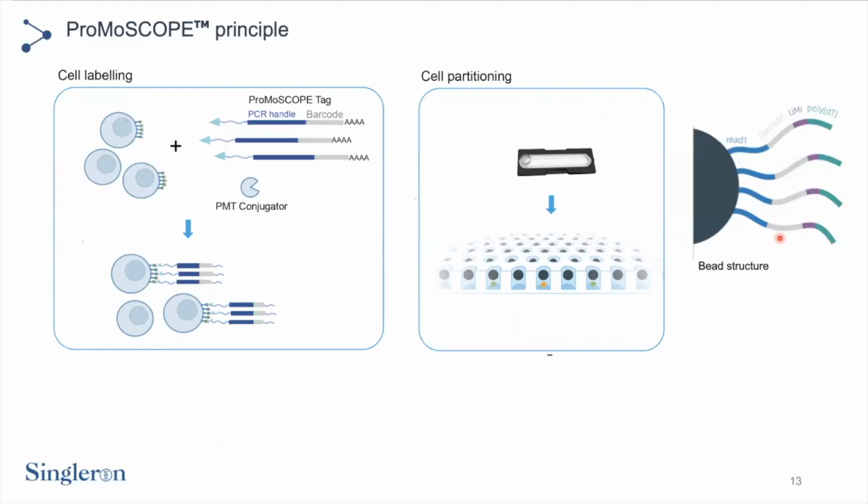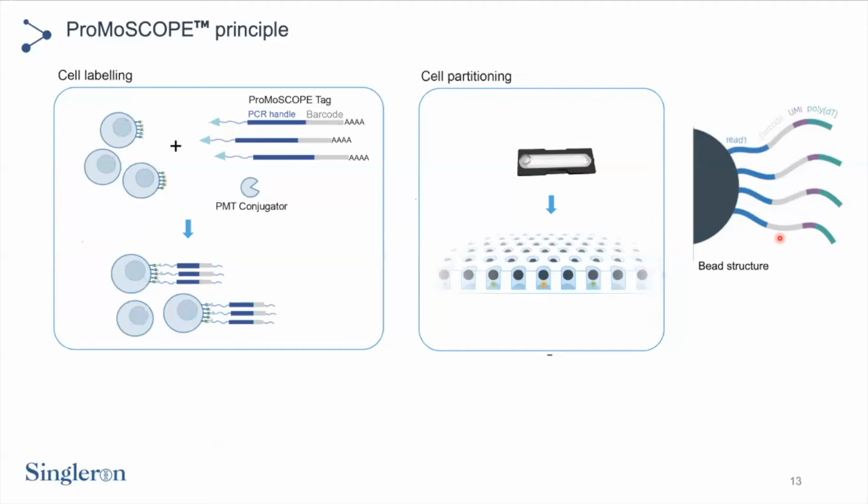So we can identify the origin of the cell by using this barcode. UMIs stands for unique molecular identifiers. Each transcript will get one UMI. So when we do PCR in the later step, we eliminate the PCR amplification bias by counting these UMIs, because they will also be amplified. Finally, we have poly-T. This is to capture polyadenylated mRNA.